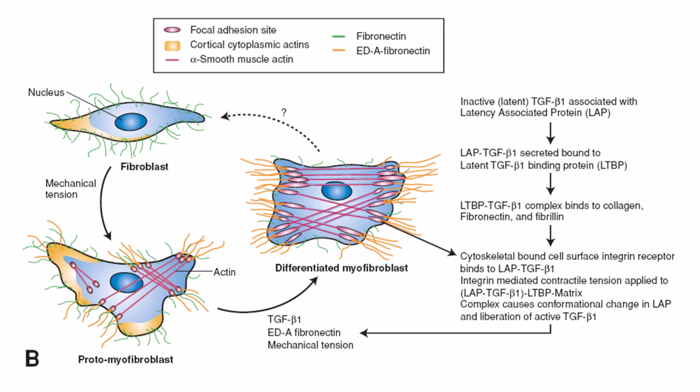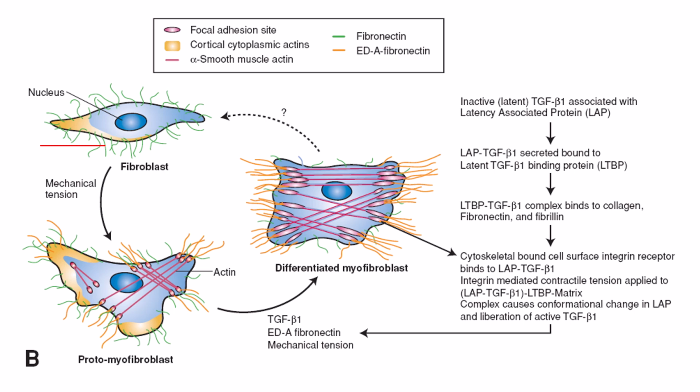In this image, the differentiation of fibroblast into myofibroblast and the role of transforming growth factor beta 1 and mechanical tension in this process is illustrated. So here you can see that there is a fibroblast, an elongated cell with a central nucleus that is surrounded by a network of fibronectin.